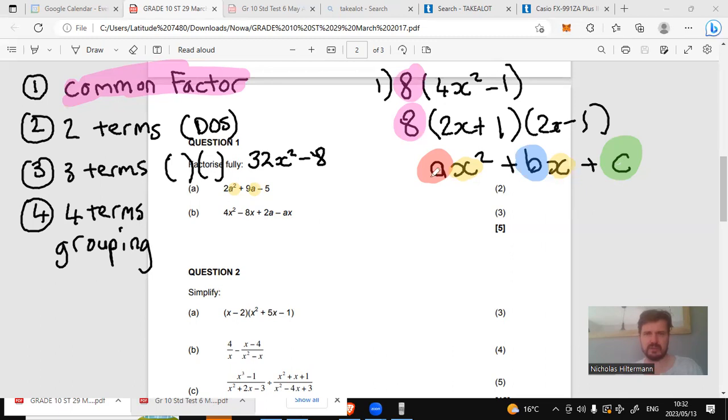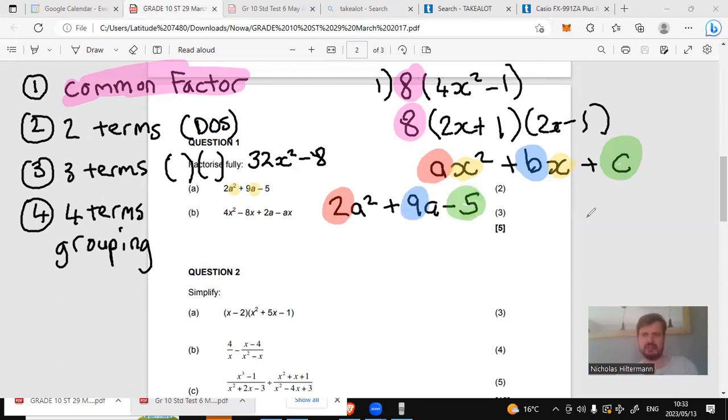So let's write out the question: 2a squared plus 9a minus 5. Our A is 2, our B is this 9, and C is the 5.